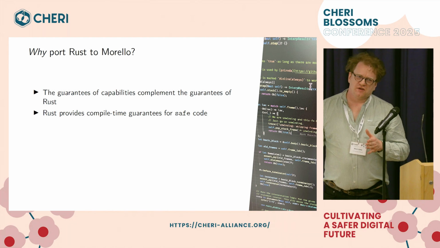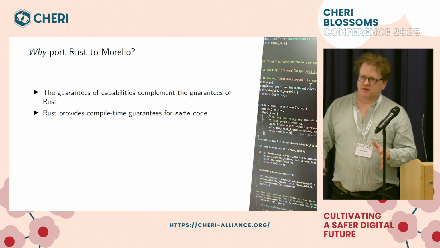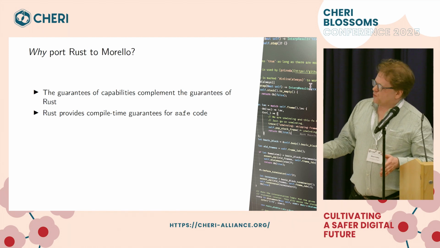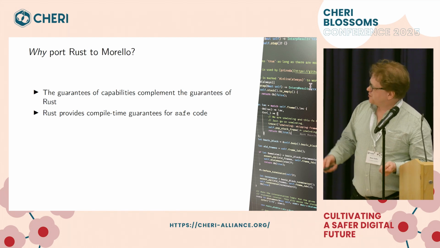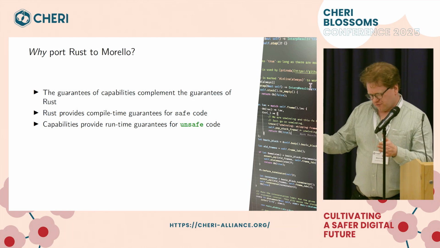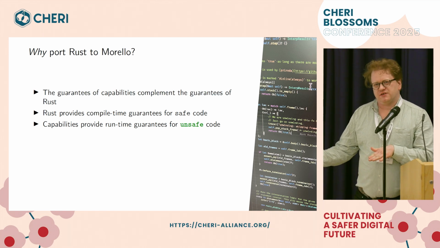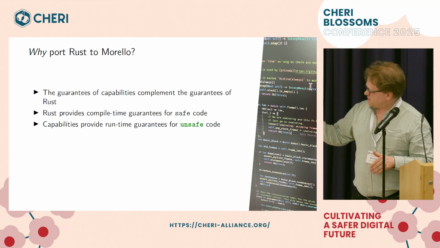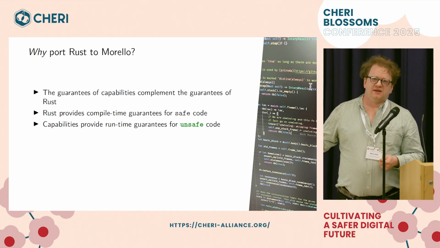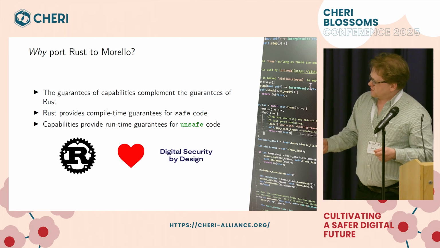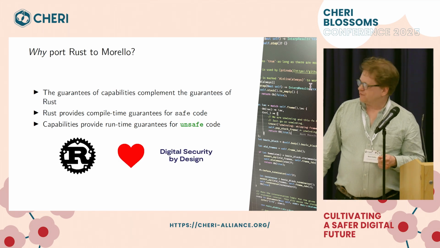So it doesn't have memory safety errors in its safe code for the most part, well, at all. So we can import it without hitting Cherry protection faults. The flip side of this is that Cherry provides guarantees where Rust doesn't currently. So all of that unsafe code that we'd like to know is safe. The price that we pay is the safety is enforced at runtime rather than statically. So these two go together very well, we believe.